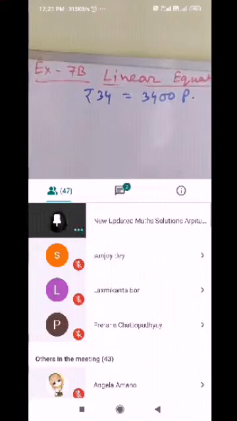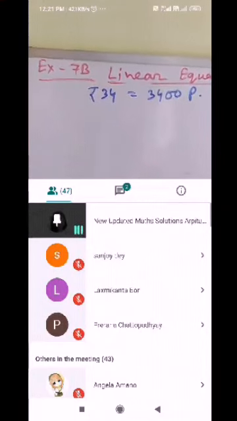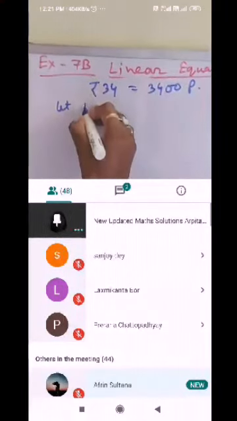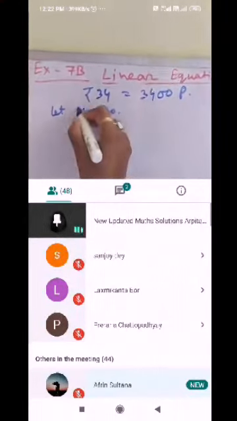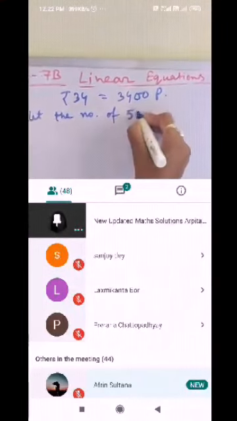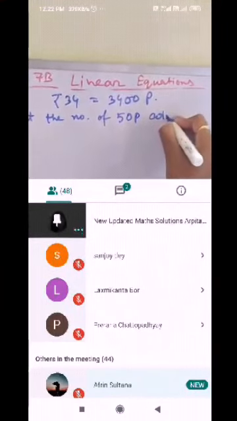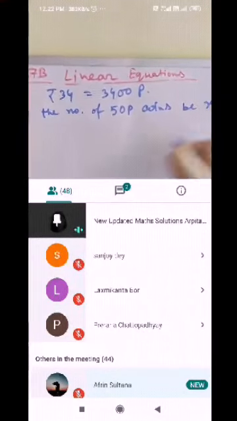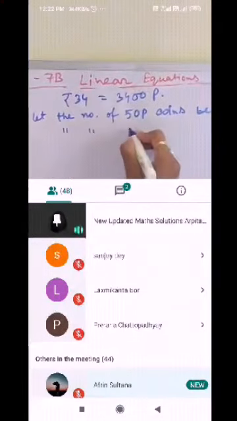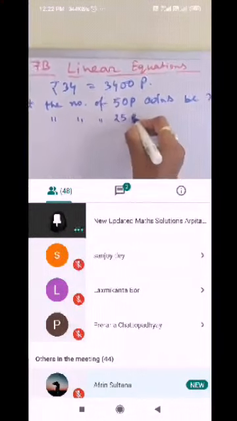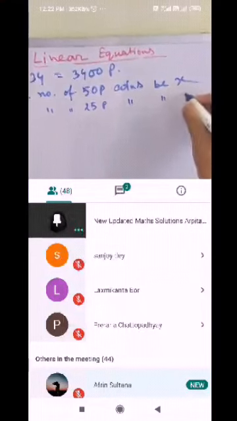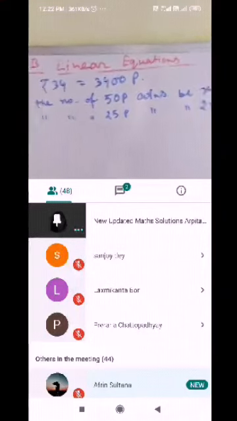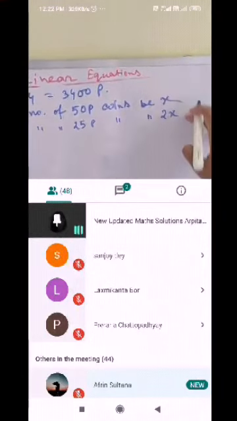Let the number of 50 paisa coins be x. Then the number of 25 paisa coins will be 2x, because it is twice the number of 50 paisa coins.